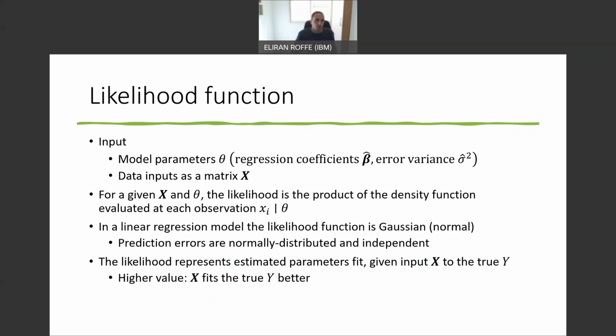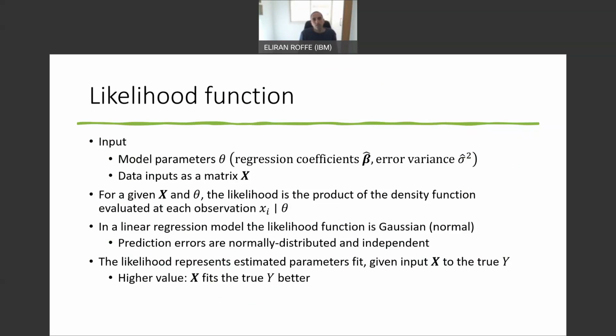The first term we should know is the likelihood function. We have an input, which is the model parameters, theta. Basically, these are the regression coefficients, the beta values, and some variance. We also have our data input, a matrix X, which is the observations and features that you saw in the previous slides.